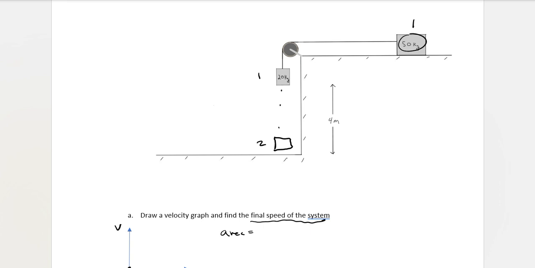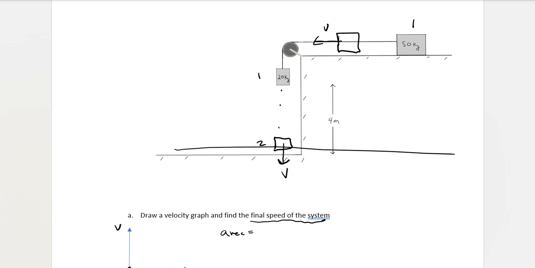This object has moved to here. Now, keep in mind, the 20 kilogrammer is now moving this way. It's got a speed. This object moving this way, it has a speed. All right. So when you write out the work energy theorem, put a datum somewhere. I would put the datum right here, lowest point in the diagram.